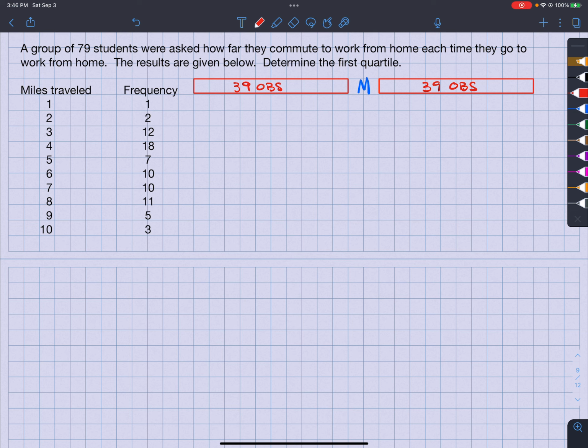What's 39 plus 39? It's 78 total observations, and then my median would be the 79th observation. So now I know my median.